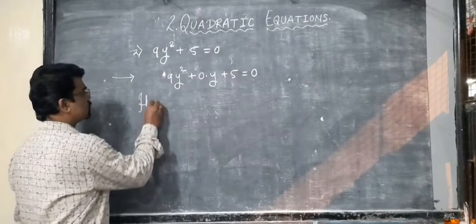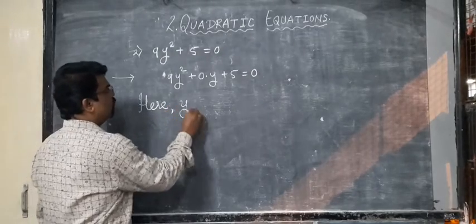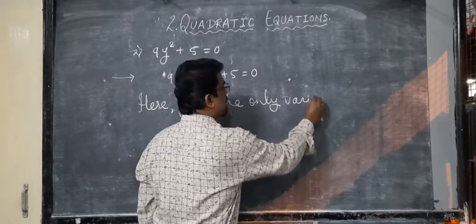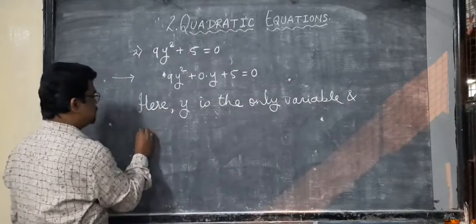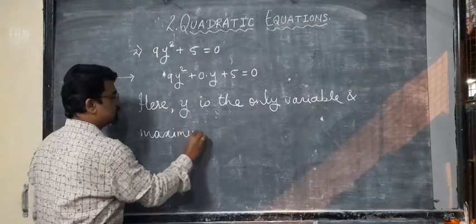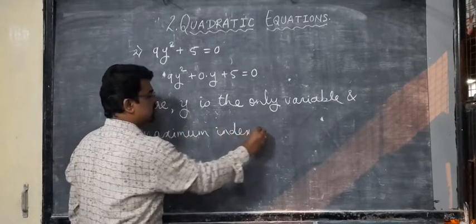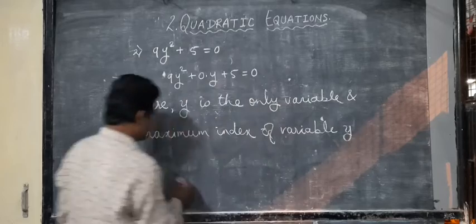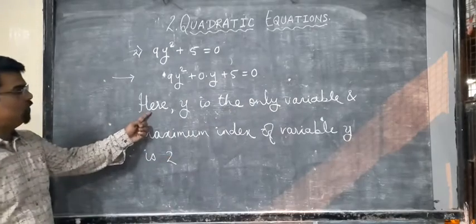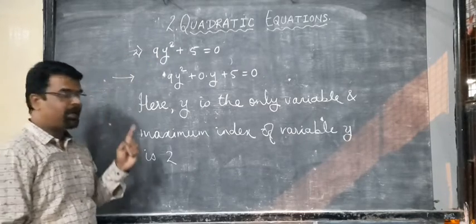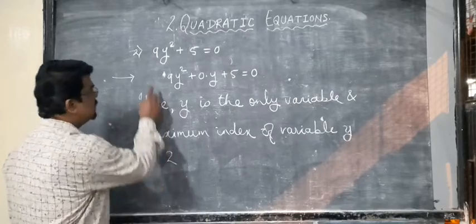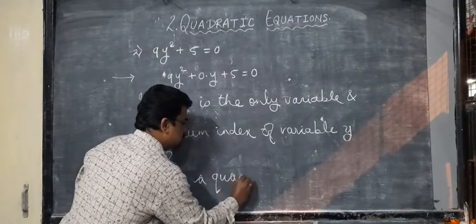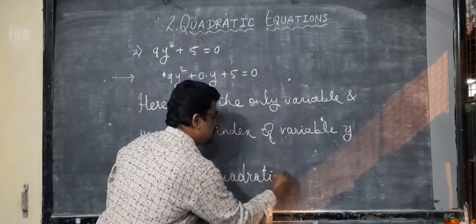Here y is the only variable, and the maximum index of variable y is 2. Therefore, it is a quadratic equation.